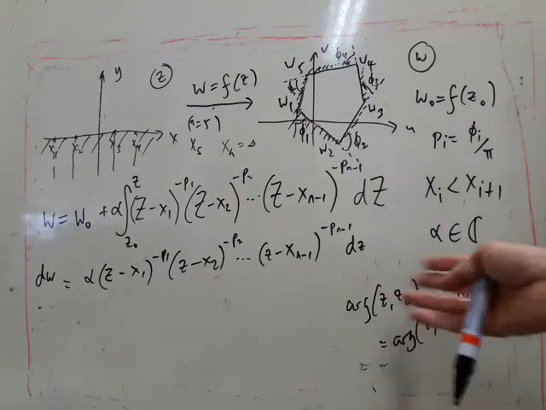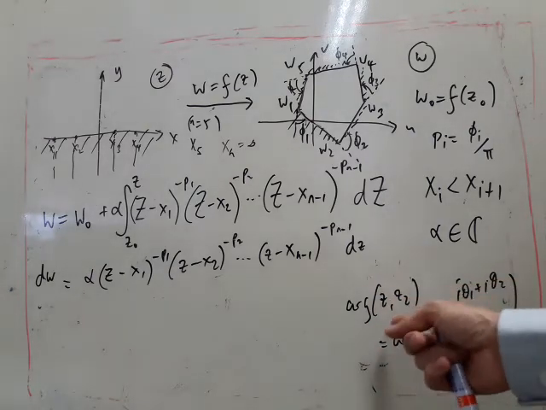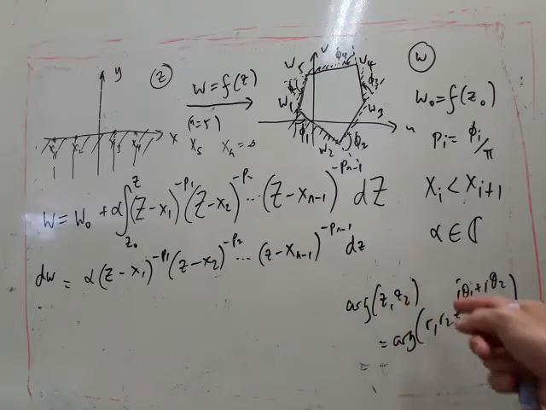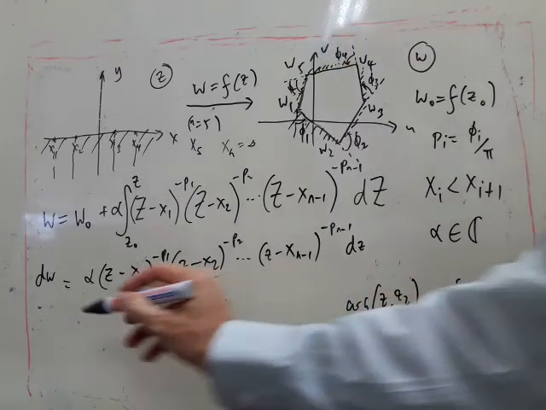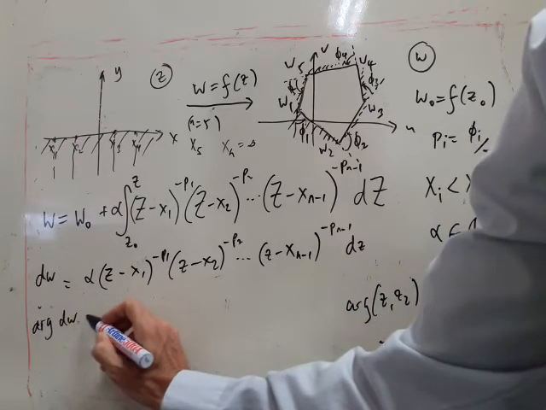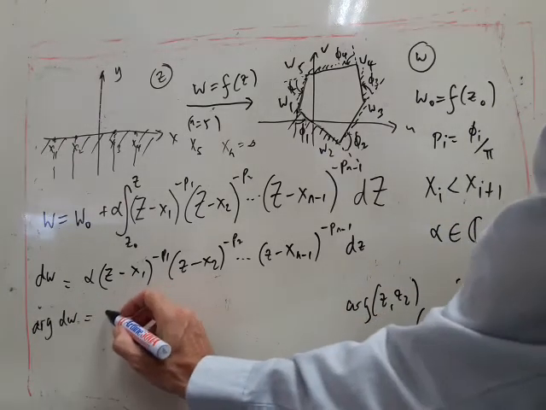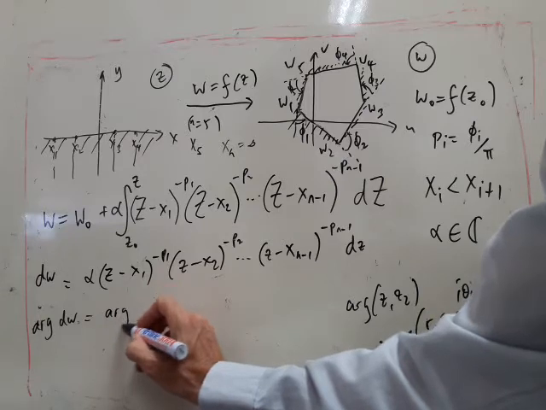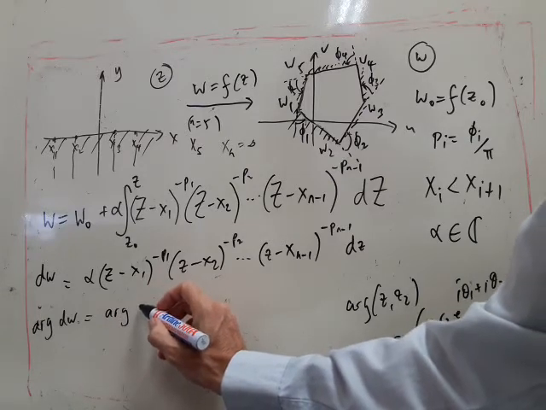And similarly, if you've got a product of complex numbers, the argument is the sum of the arguments. So this is going to give us arg of dw is equal to arg of alpha.